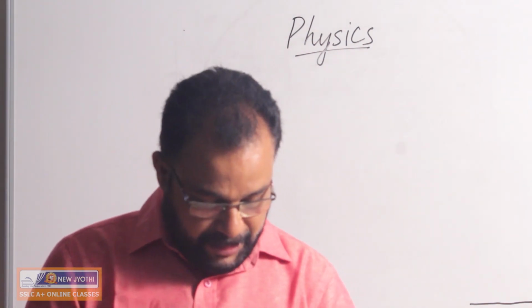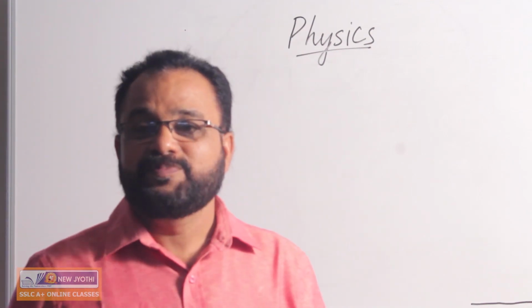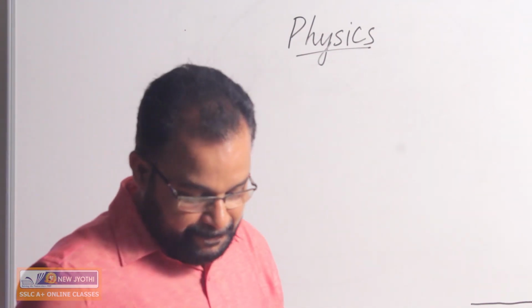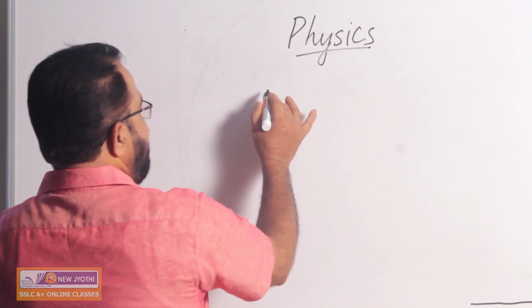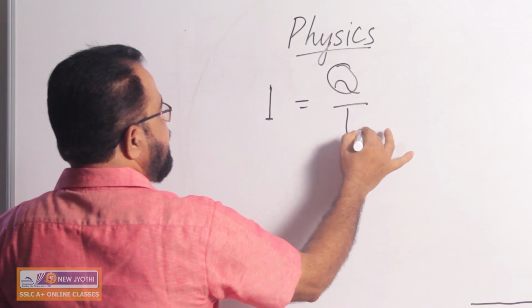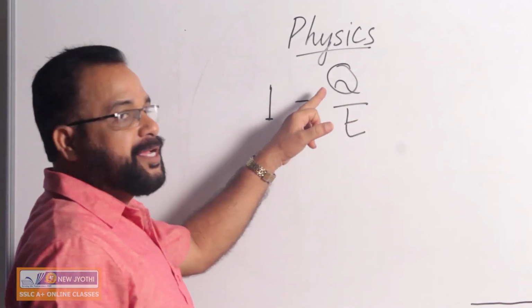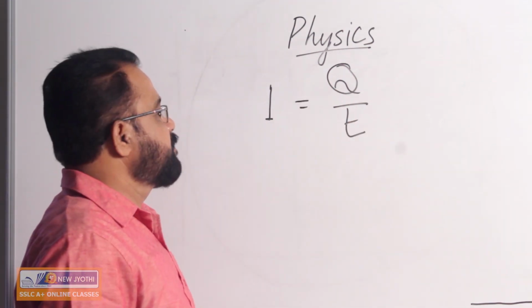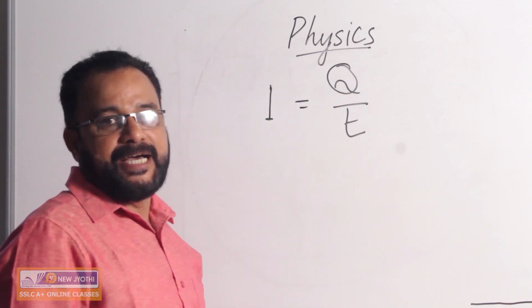In standard 9, you have studied that I equals Q by T, where Q is the quantity of charge and T is the time.